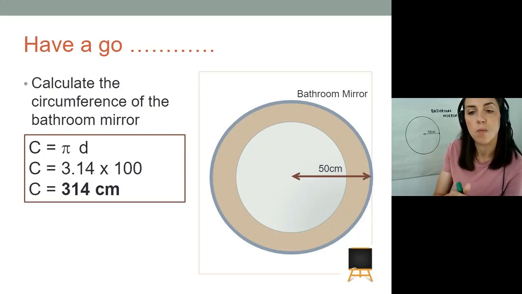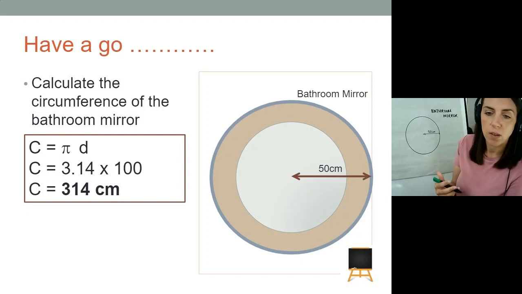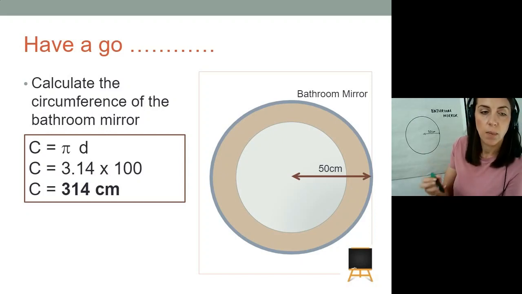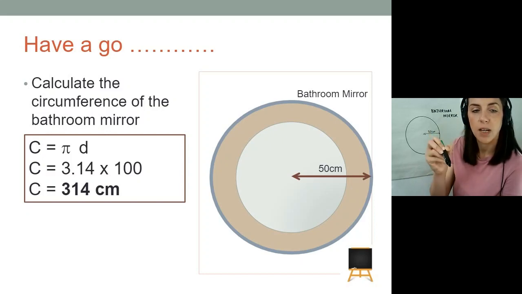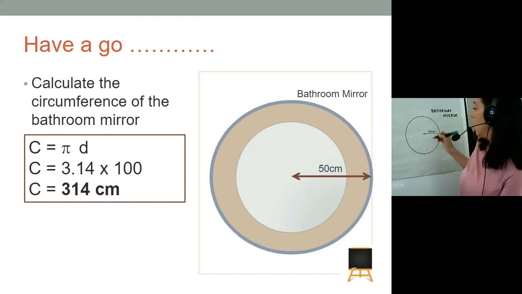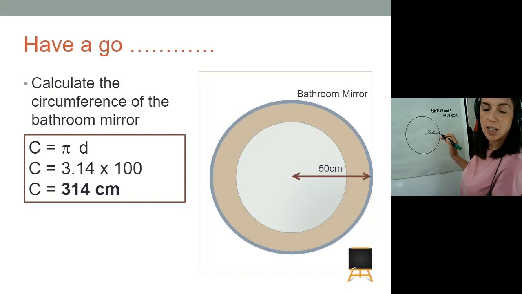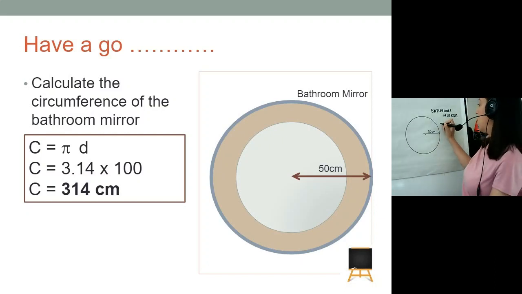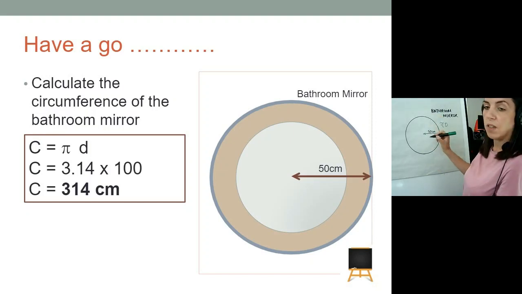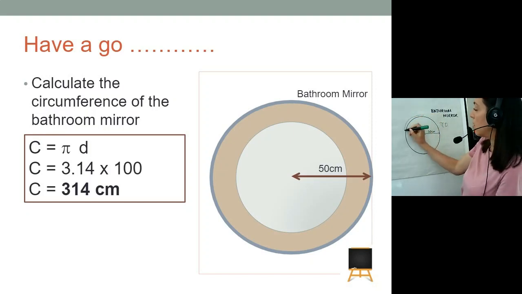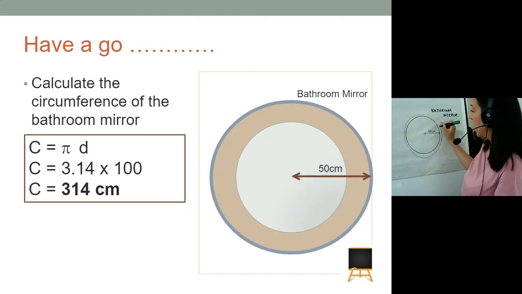So this is, especially at level 2, a much more friendly calculation to do without a calculator, because you can move the decimal place 2 places because you're multiplying by 100. So I'll just go through it on the board just in case anybody needs me to. We can use the formula pi d to calculate the circumference of the bathroom mirror. If you remember, it's the distance all the way around the edge, right to the same point again.